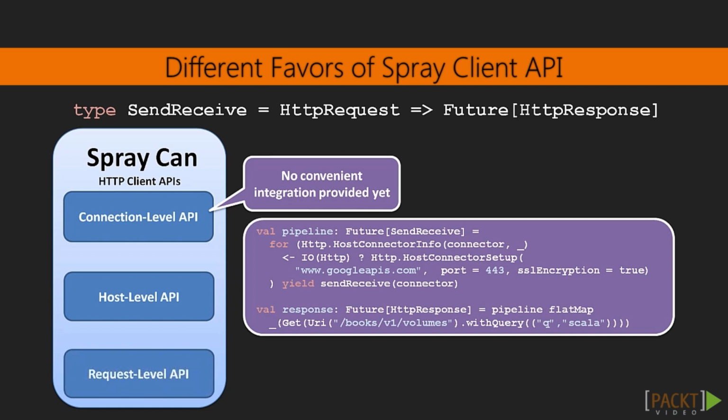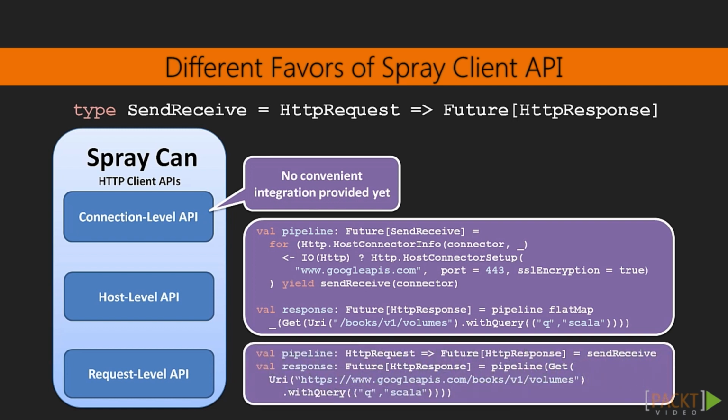Lastly, on the highest level of HTTP client API abstractions sits request level API. Spray Can client has a really simple and concise integration with it. It truly shines when used in the context of Spray routing's HTTP service trait, as we are going to see very soon. By all means, this is the simplest way to use Spray Client in Spray applications.